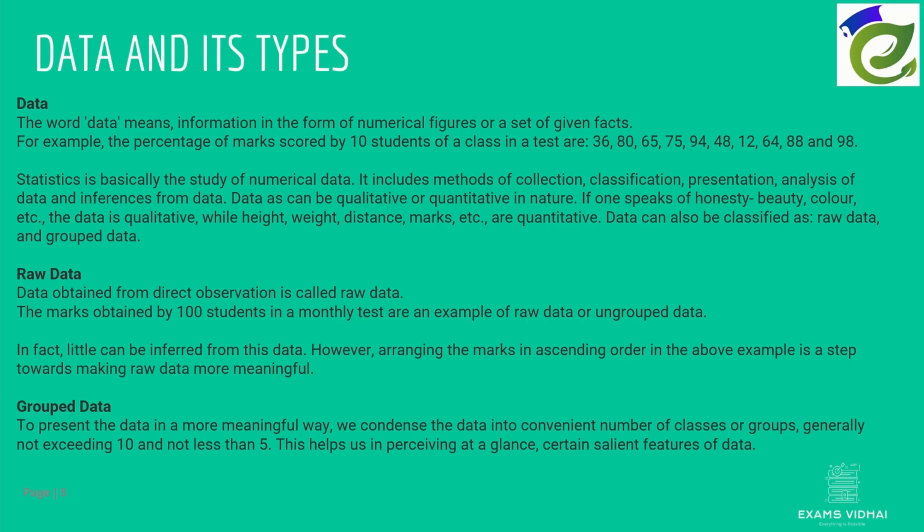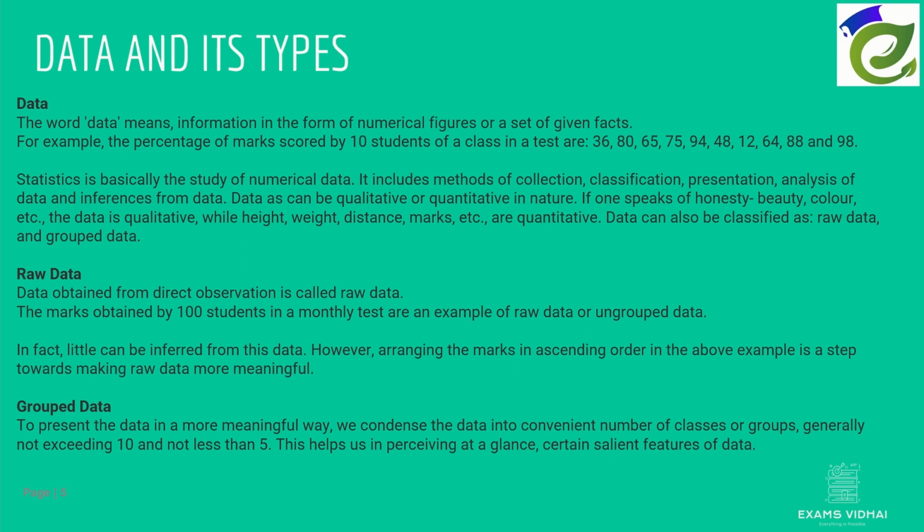Now we will move on to the data and its types. In the previous slide we discussed data, and now we discuss the types of data. We have raw data and grouped data. What is raw data?